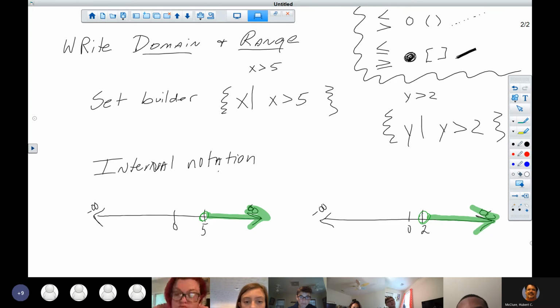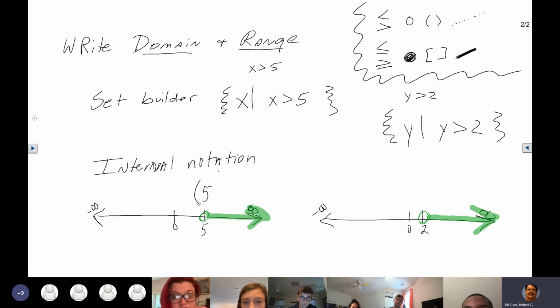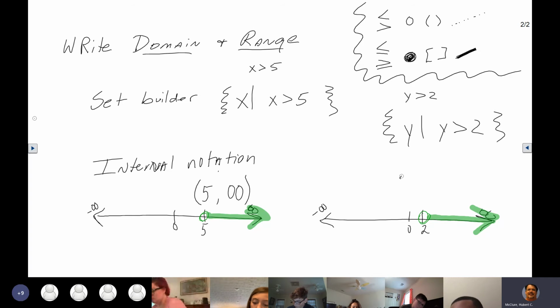At what number? 5. Or 2. And then where do you go to? Infinity. And that is interval notation for your domain. Where do you hit the 2 at? Well, it's on the left, and infinity. So there is interval notation for your domain and range.